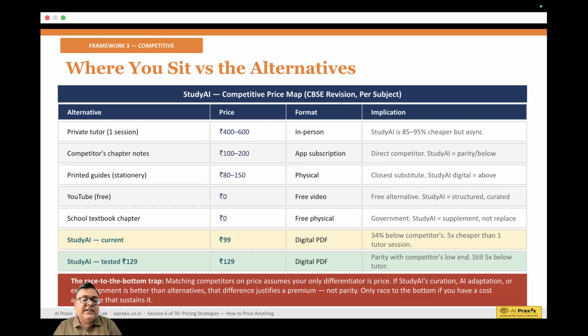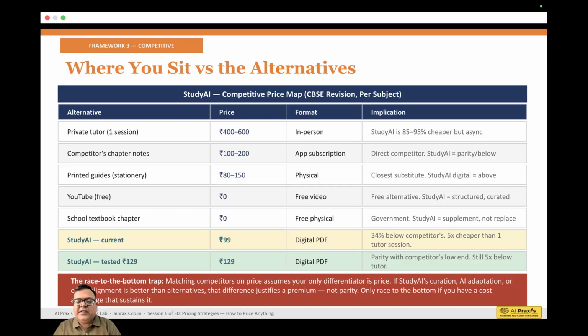That's very important. Competitors' chapter notes, 100 to 200, could be in app subscription form, a direct competitor. So Study AI is at parity or below, meaning equal or maybe less. Printed guide, stationery, 80 to 150 rupees. It's physical, the closest substitute. So Study AI digital is equal or above if you compare.